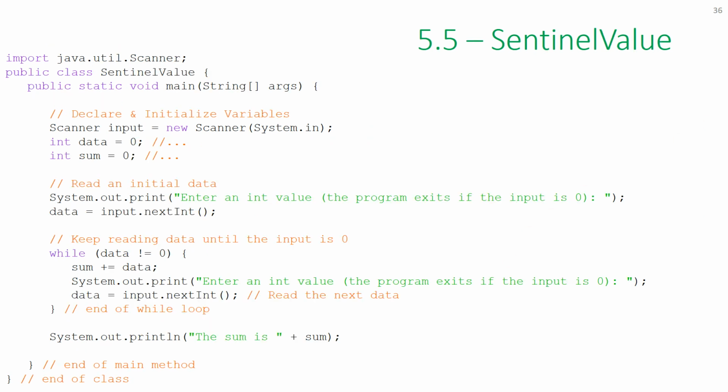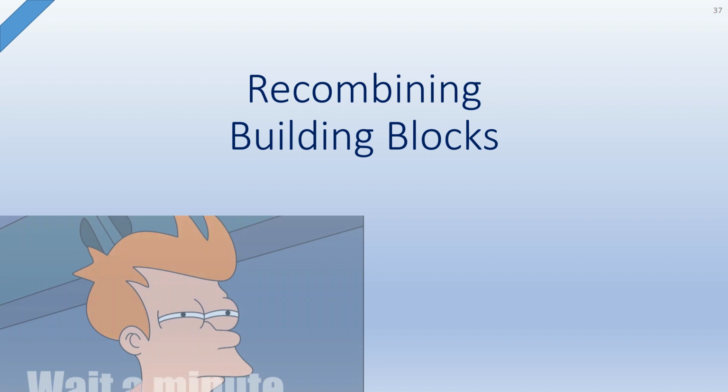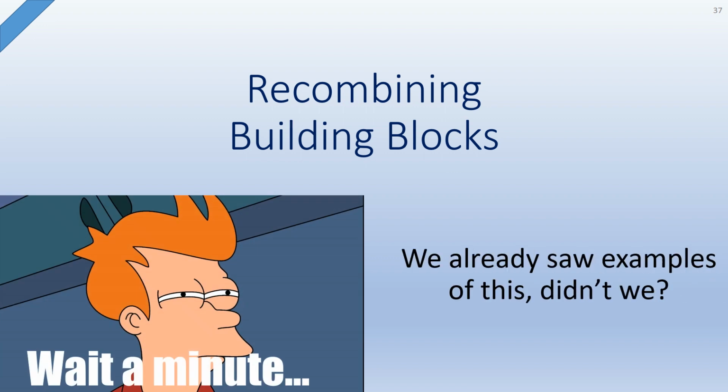So we have two more exercises like that. This one doesn't have anything new. So it just identifies the building block, and that's it. I think I skipped over one of them, but it didn't have anything new either. Last thing, recombining the building blocks. So what are we going to talk about here? We've seen already examples of this.